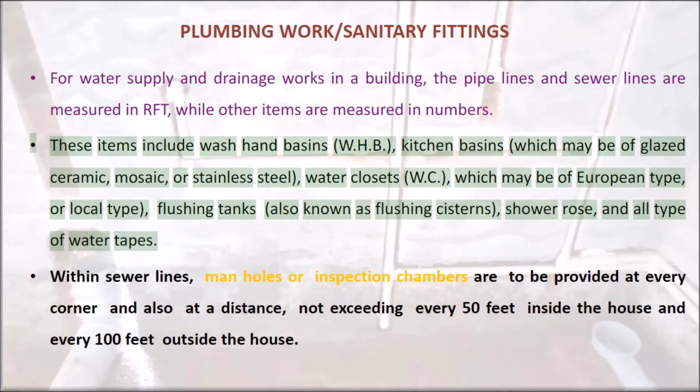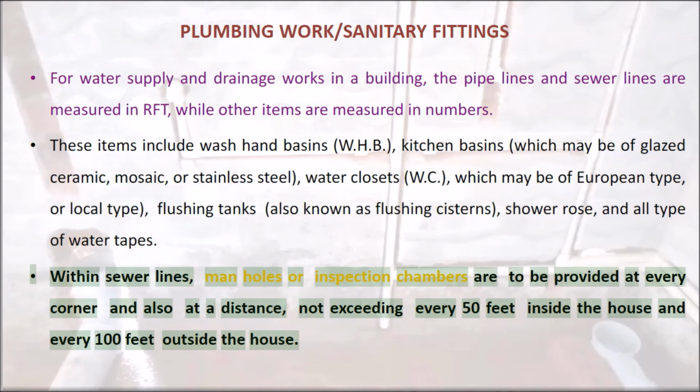These items include wash hand basins, WHB, kitchen basins, which may be of glazed ceramic, mosaic, or stainless steel, water closets, WC, which may be of European type, or local type, flushing tanks, also known as flushing cisterns, shower roses, and all types of water taps.